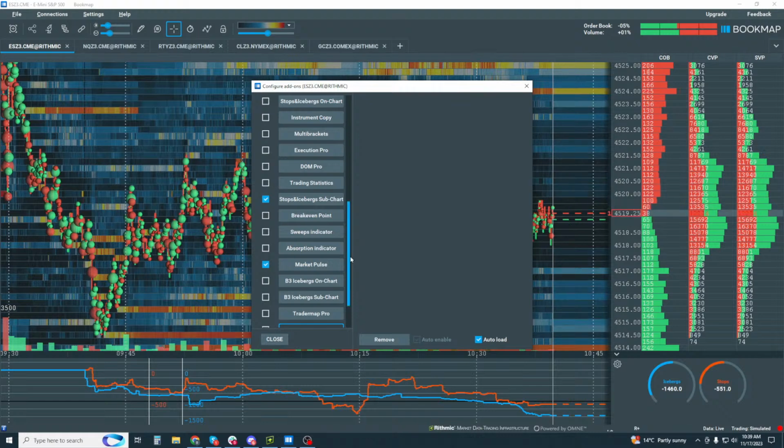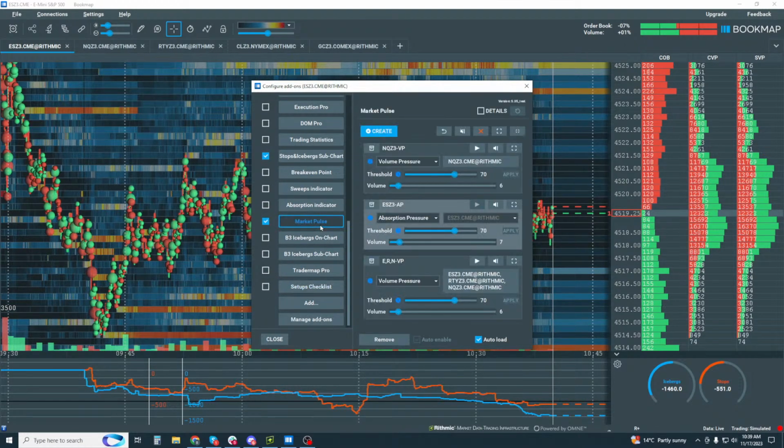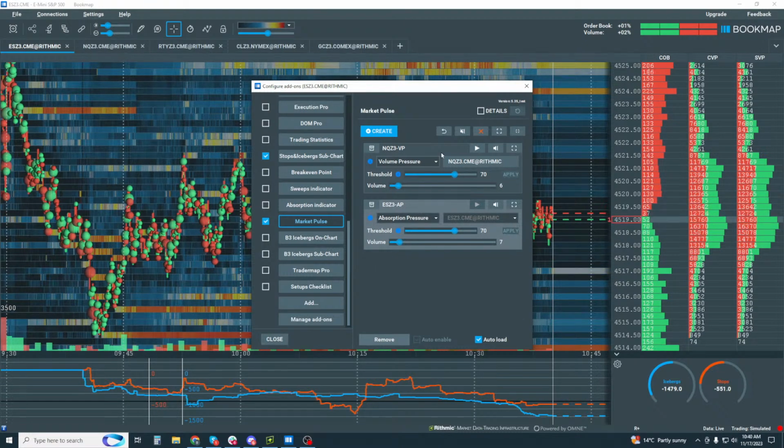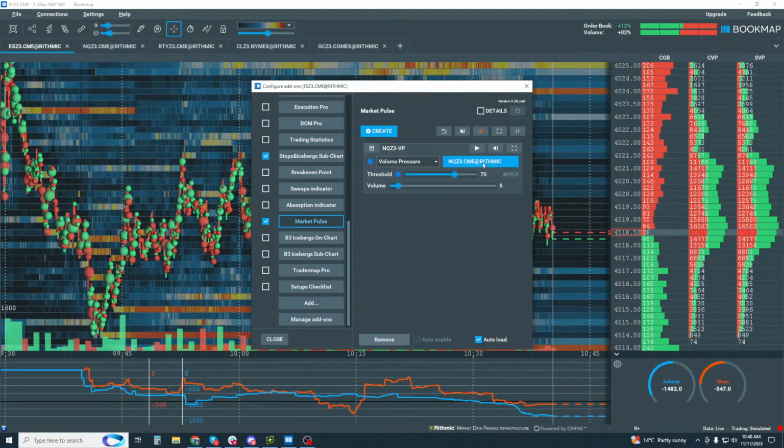And let's add our market pulse. Okay. Yeah, maybe we can get something out of this with different markets, different correlated markets in here. Okay, so let's get rid of this.